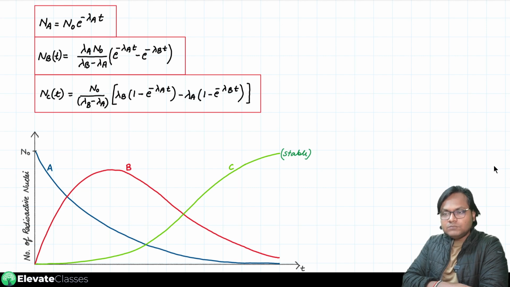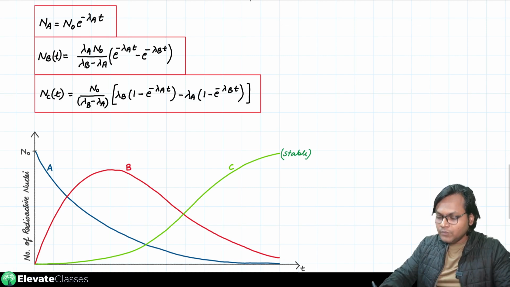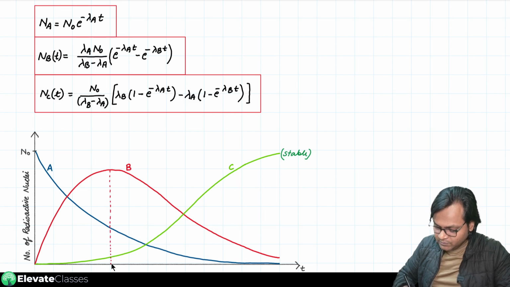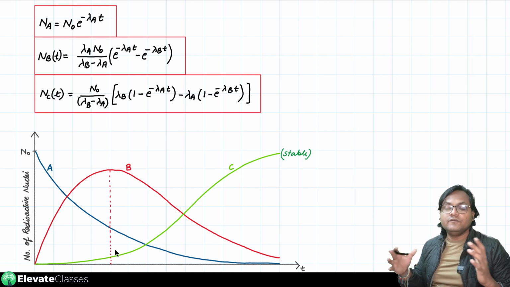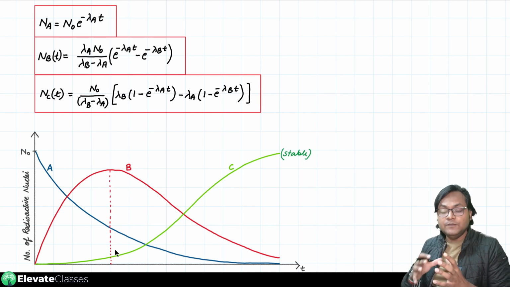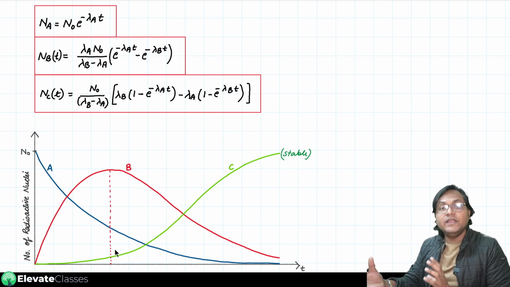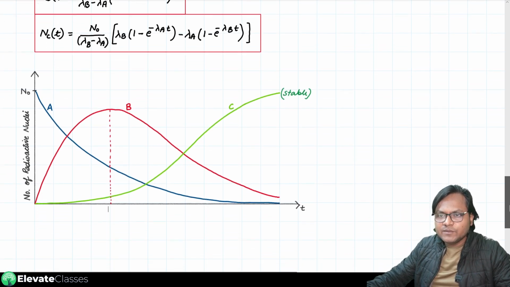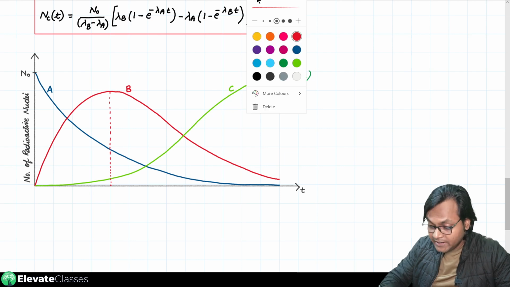For example, I can also calculate what is the time period that it takes for the intermediate nuclei to reach its maximum amount. So what is the time at which the intermediate nuclei is at maximum? These are some questions that may arise sometimes.